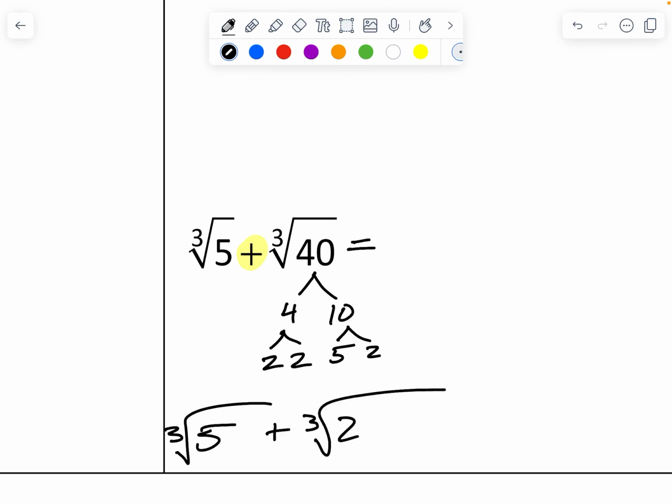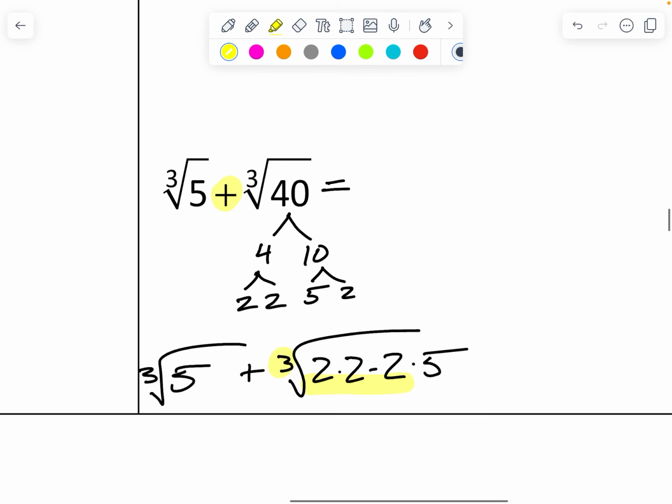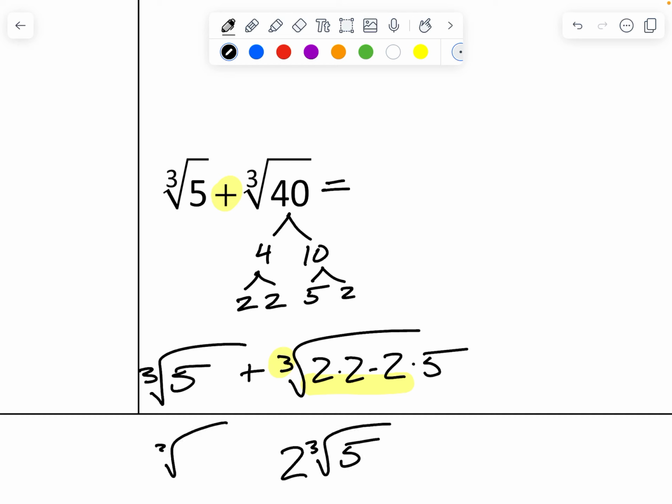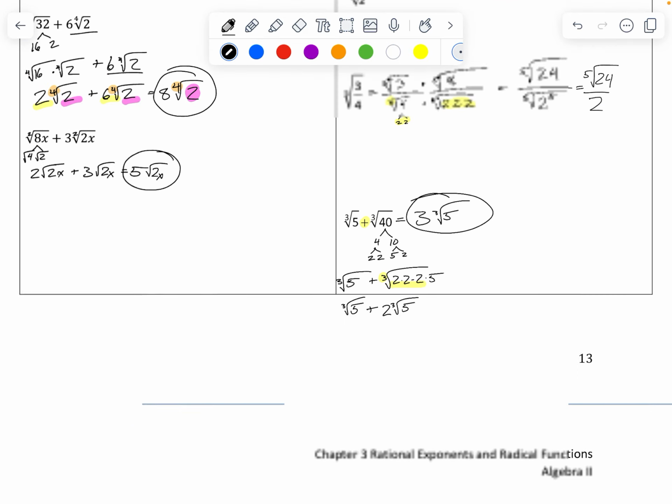And the third root of 2 times 2 times 2 times 5. Look, there are 3 2's, and the index is 3. So that comes out as 1 2, cube root 5, and that other cube root 5 from out front. So we've got 3 cube root 5's. And there's page 13.